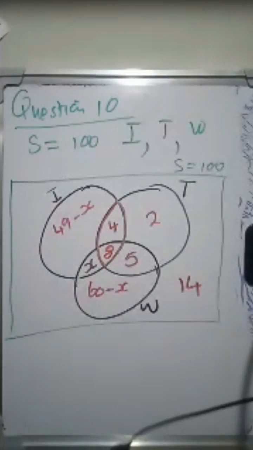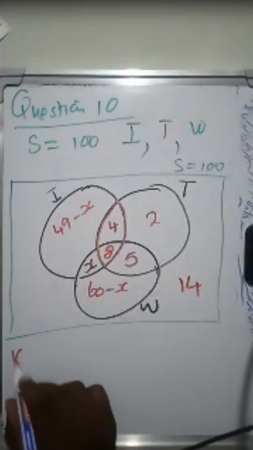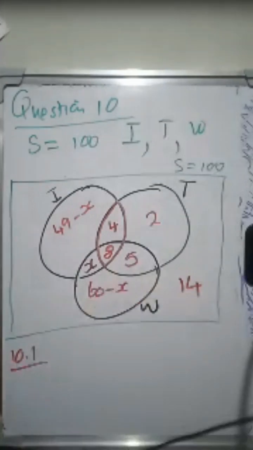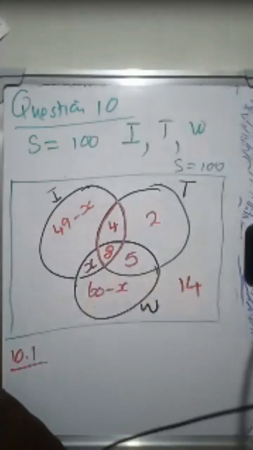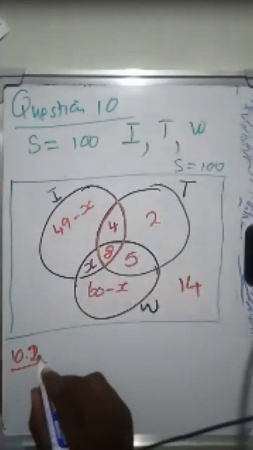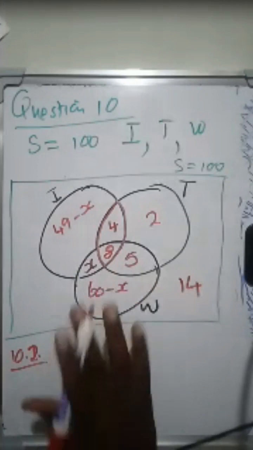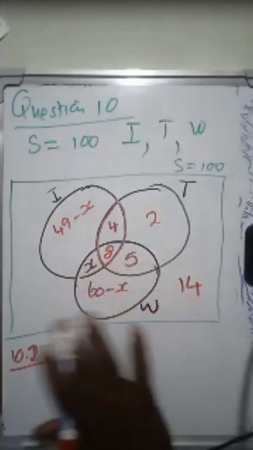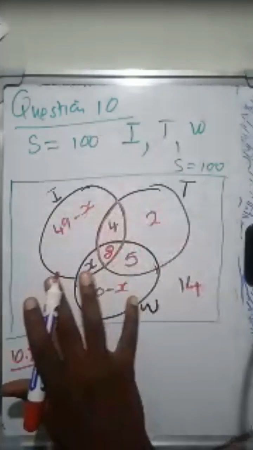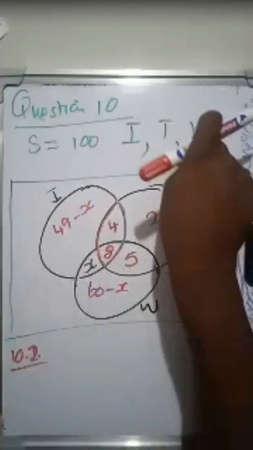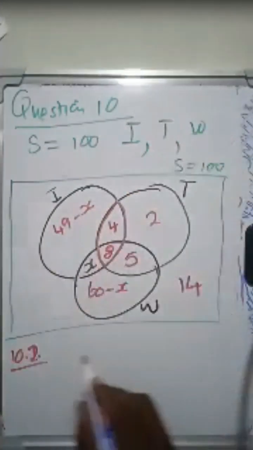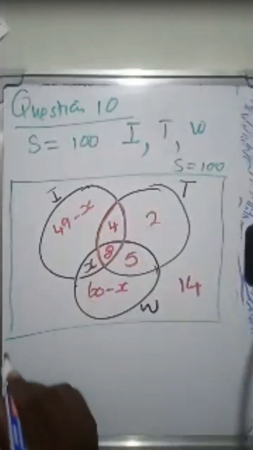Right. Now we have drawn the Venn diagram. Now the question says 10.1. We are now going to use the Venn diagram to answer. Calculate the value of x. Now, in order to calculate the value of x, we add everything that is in the box. It should give us what? 100. So that is going to be 10.2.